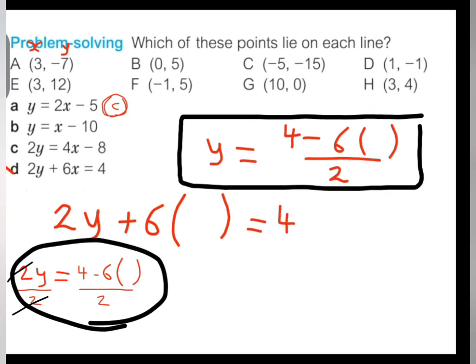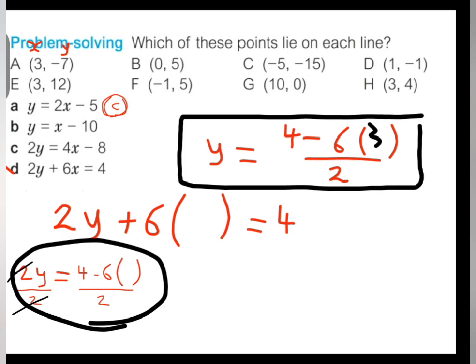We do the multiplication and then subtract and then divide, okay? First thing, x is 3, so we put 3. 3 is multiplied by 6 equals 18. 4 minus 18 equals negative 14. And then negative 14 divide 2 equals negative 7.